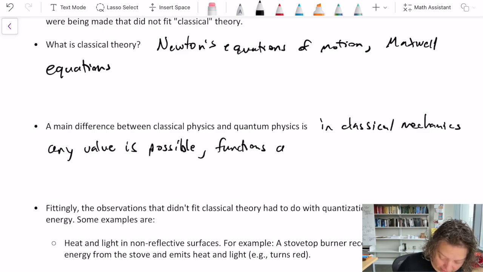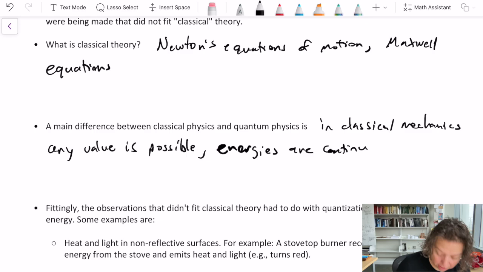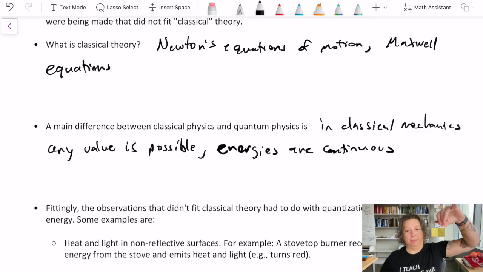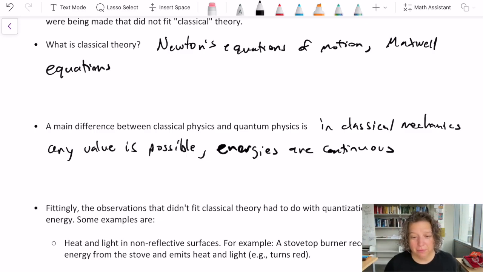Energies are continuous. Think about if I drop my pencil, which I'm not going to do because I'm afraid it will break, but if I were to drop it, its potential energy as it falls to the ground decreases and its kinetic energy increases, and that happens in a continuous fashion.